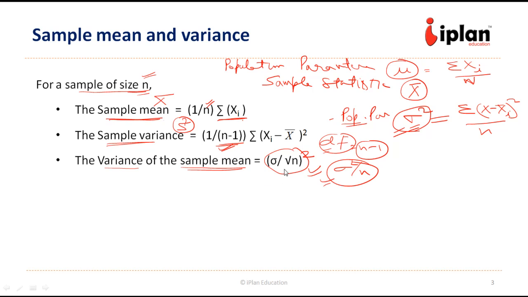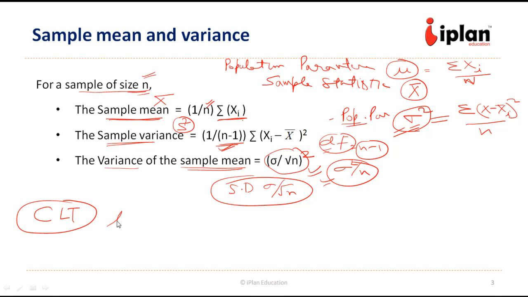So this is the variance and sigma by root n is the standard deviation. So we have already seen the central limit theorem, which says if there is a population with mean mu and variance of sigma square, that is the standard deviation of sigma, if we are taking a lot of samples from it, each of the sample has n elements within it.